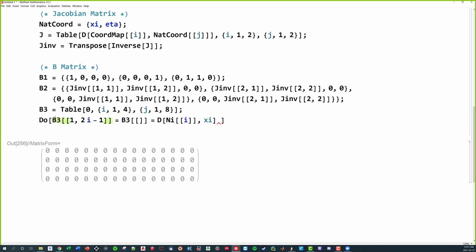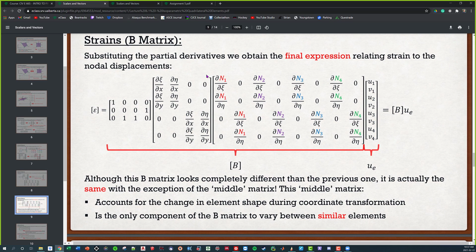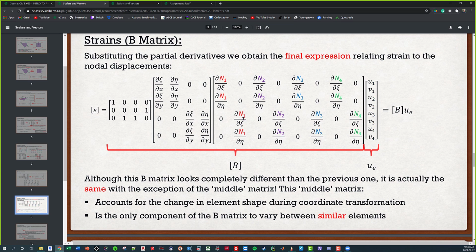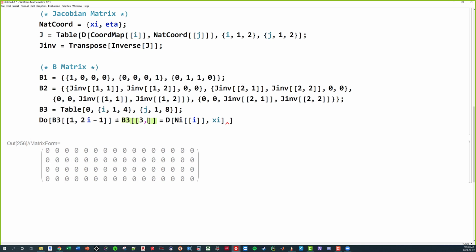Now we said that if I go back to the theory, this entry right here is always going to be equal to this entry. Now this entry is in the third row, so we're going to go B3. This time we're going in the third row, and instead of it being 2i minus 1, we can see that it's offset by 1. So instead of 2i minus 1, in this case, I just go 2i.